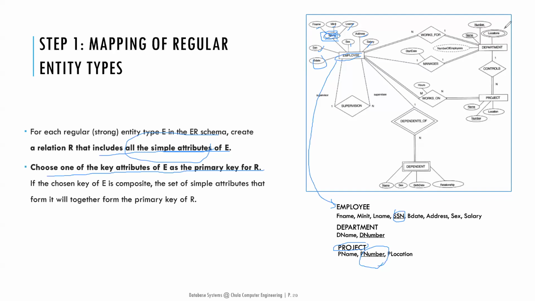So multi-valued attributes will not be included in this step. And also for a composite attribute, you only take the simple attributes after the composite attribute and put them in here. So this is the very first step, mapping just the regular entity types. All right.